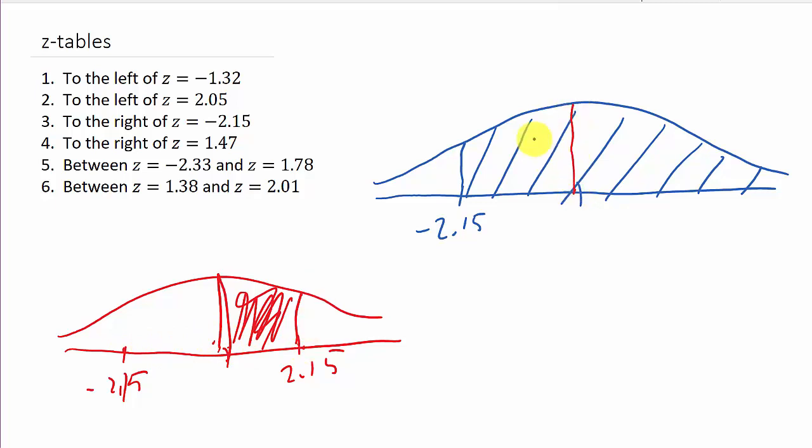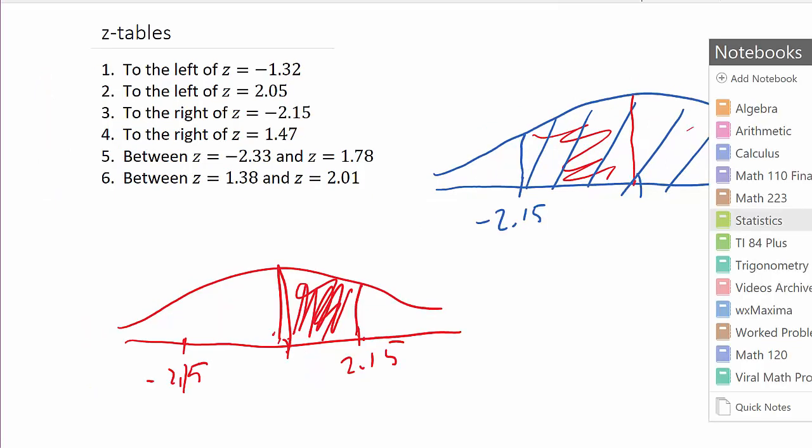And then I need all of this added to it, so I'll add 0.5 to whatever I get here. So let's look up 2.15.